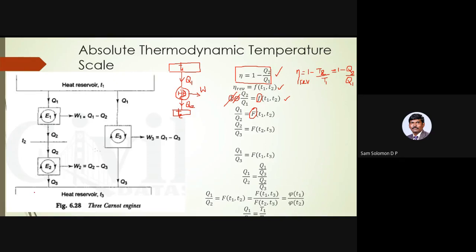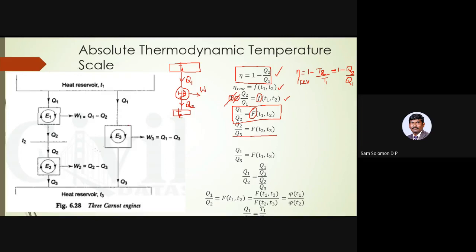So for this engine, Q1 by Q2 is a function of T1 and T2, as we have seen here. Just like I did for this engine, I can also do for the other engine. So for that engine, Q2 by Q3 is a function of T2 and T3.